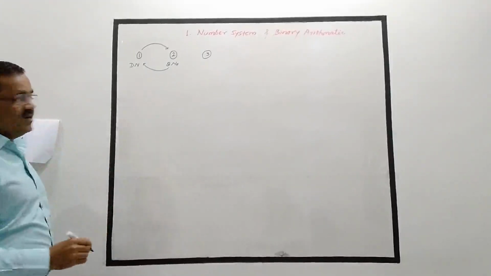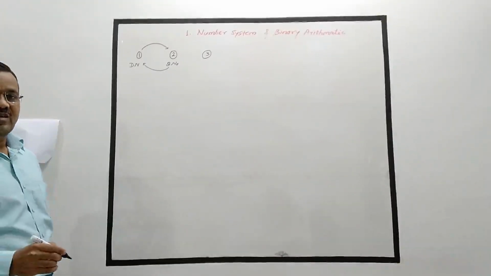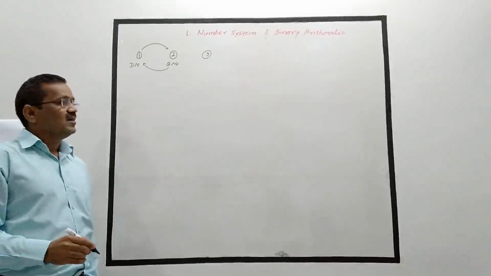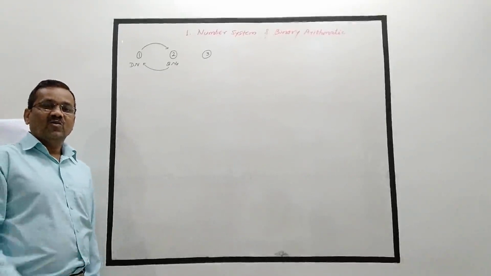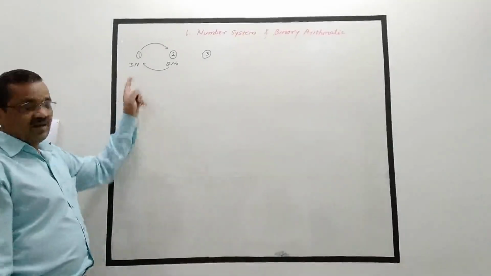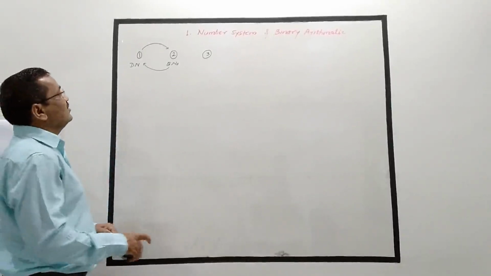To convert a decimal number into its binary equivalent, a certain procedure is to be followed.